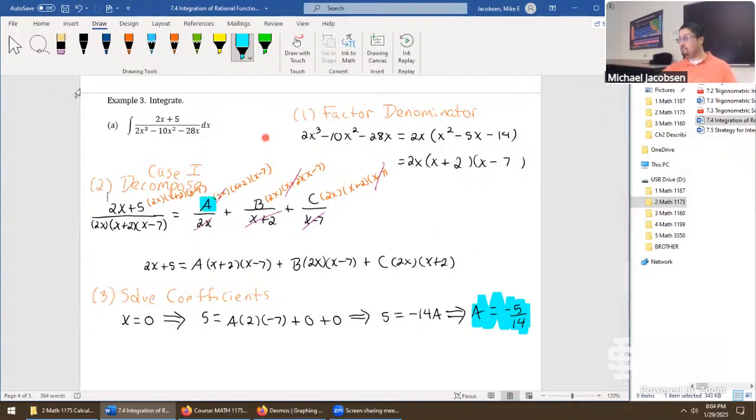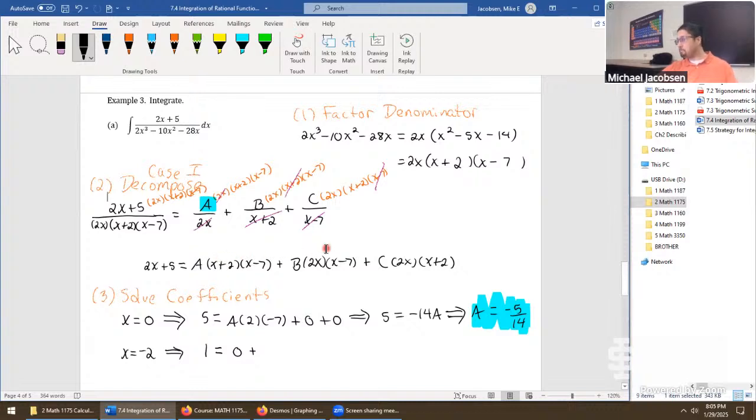So a is determined. Now we need another value to solve for either b or c. We can't reuse a value we picked. You can use x equals 1, but you're still working way harder than you have to. So like we said, try maybe like a -2 or a +7. Let's go -2 and see what happens. If x is set to -2, we'd be plugging -2 here. So that's -4 plus 5 for a 1. -2 here gives us a 0. I'll put in that 0 just as a way to be organized and say I didn't forget about it.